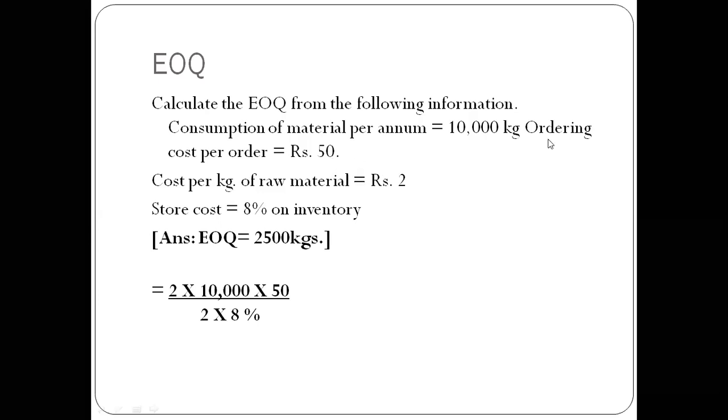The cost of placing an order you write near the annual requirement. So 10,000 into 50 divided by the cost per material, 2, into 8%. If you multiply, you will get the answer under the root. I cannot put a root in the slide, but with the answer you have to take the root, and that answer is 2,500 kilograms.